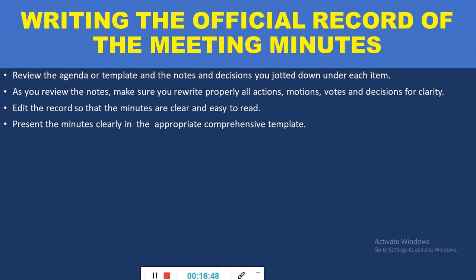So when writing the official record, all you need to do is to review the notes you have already jotted down under each item.